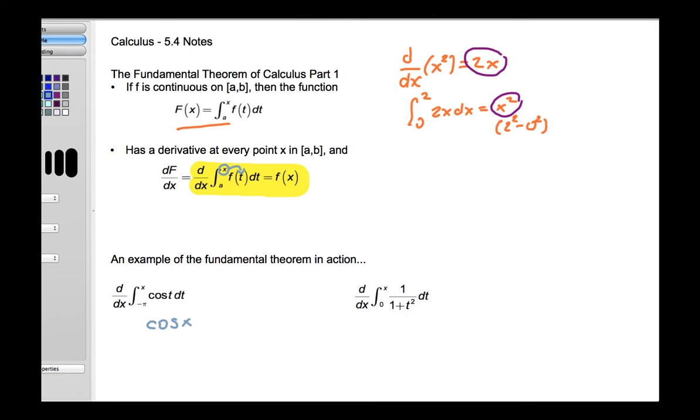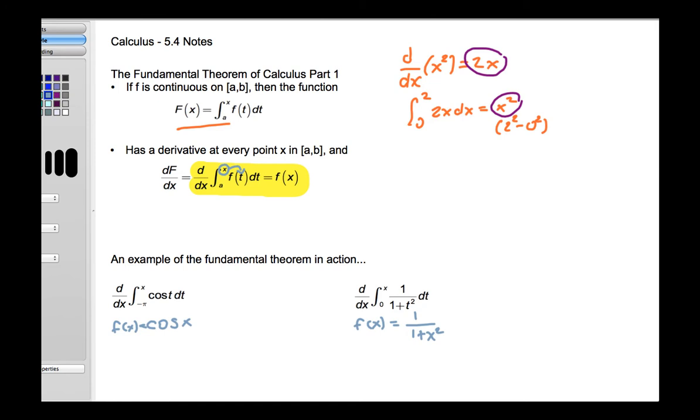Okay, this is what my f of x would be for this guy using the fundamental theorem of calculus. Over here on this guy, f of x would be 1 over 1 plus x squared. So it really is not a horrible hard thing, but it's just different, and it is based on pattern. So try and follow that pattern through as you're doing some work.